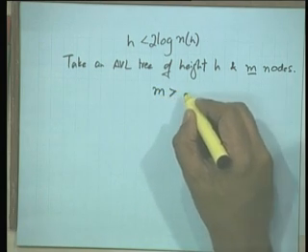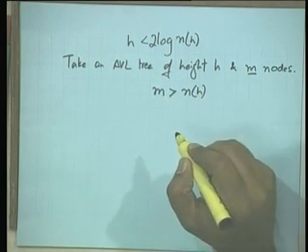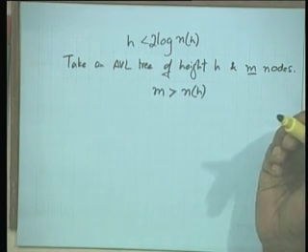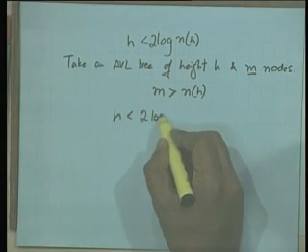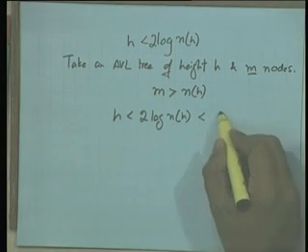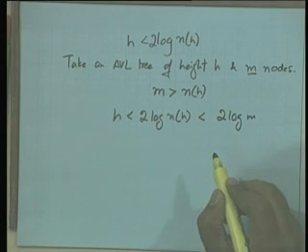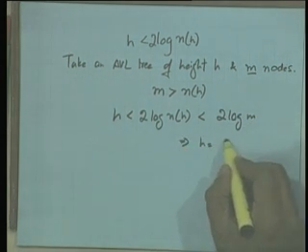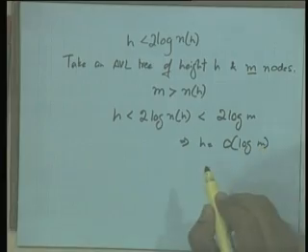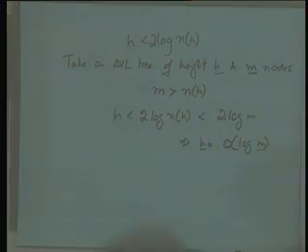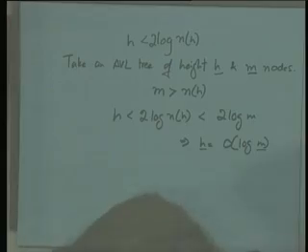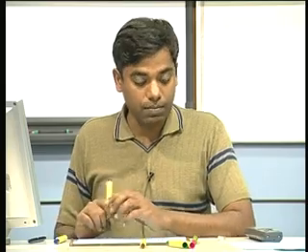M is greater than n of h, which follows from our definition of n of h. And we know that h is less than 2 times log of n of h, which is then less than 2 times log of m. This implies h equals big O log of m. This was height and this was number of nodes. The height of an AVL tree on m nodes is less than 2 times log of the number of nodes. Is this clear now? So the m and n confusion is not there.